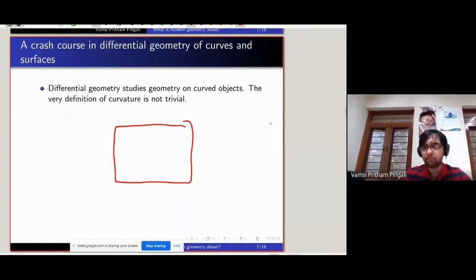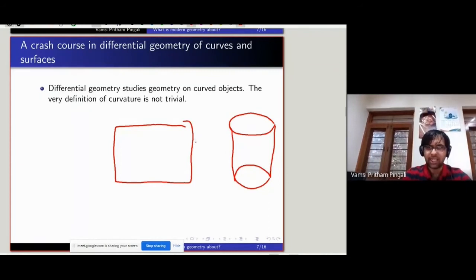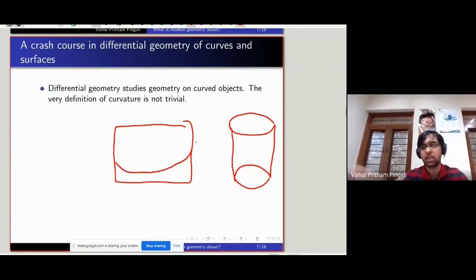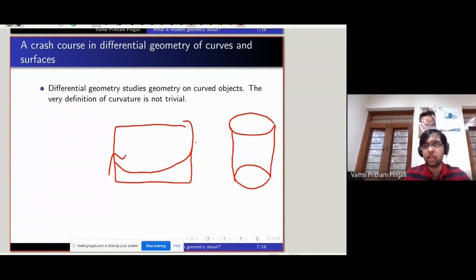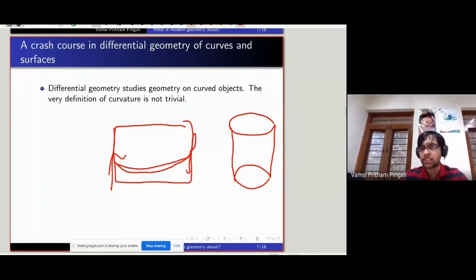What if I take a piece of paper and make a small cylinder out of it by taking this edge and just bending it and attaching this edge to this one? Now I get something that looks like it is curved, but honestly, it's not really curved.